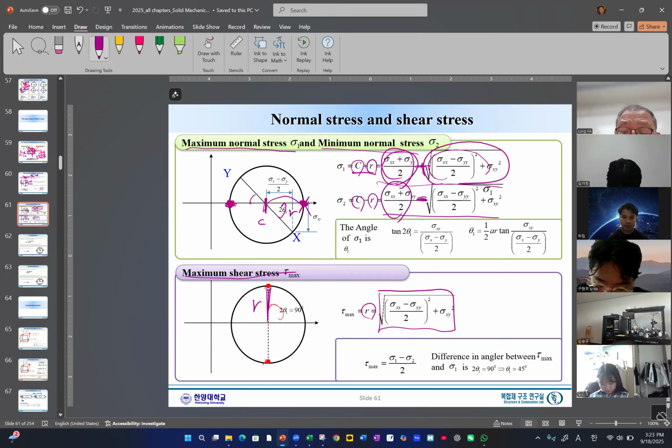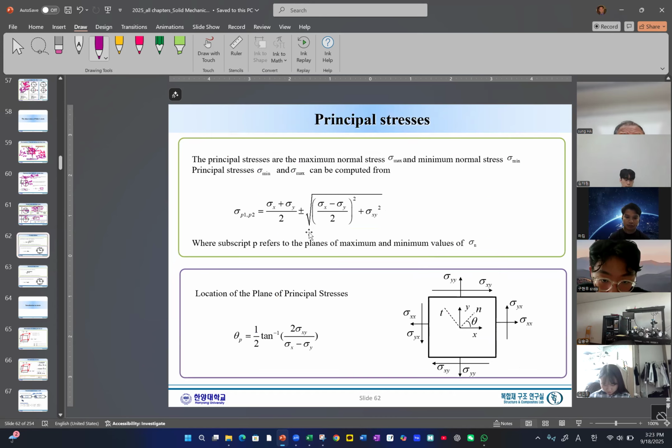So R and C were the two invariants. We already observed that. So there are many observations we can make from this stress transformation, from the Mohr circle. They are all the same.